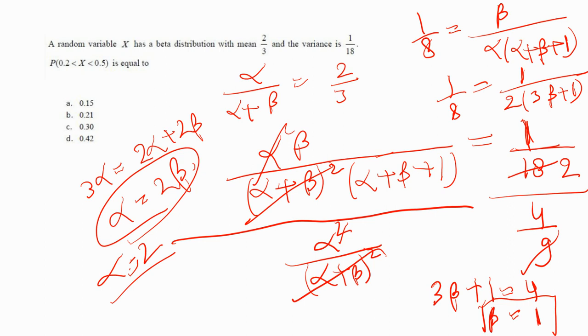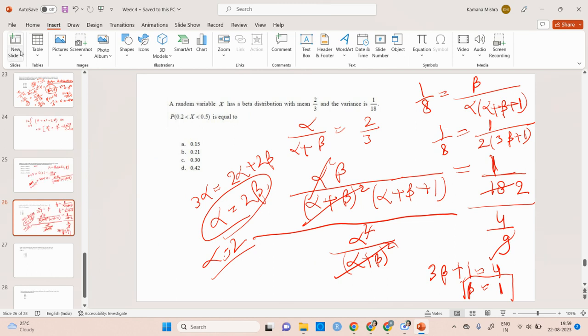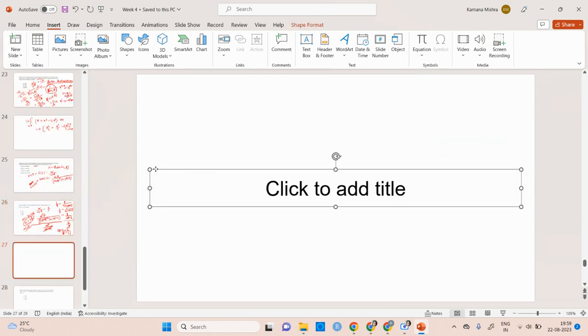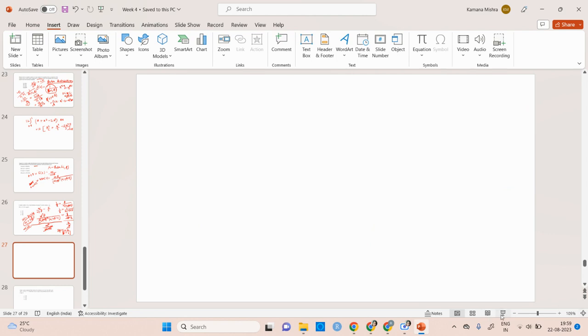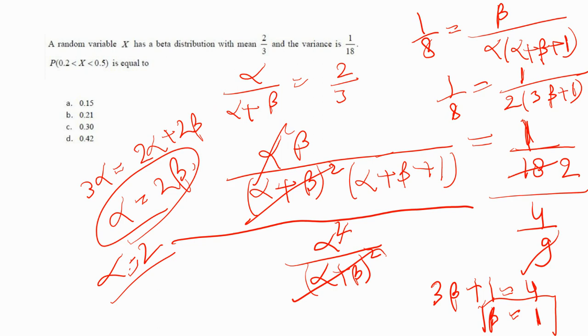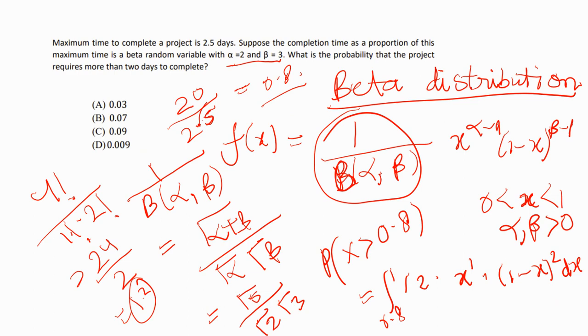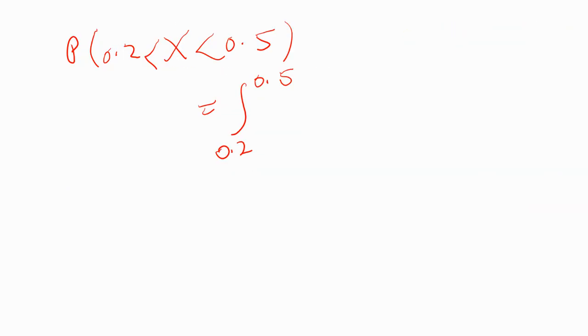Now we want to find the probability that x is between 0.2 and 0.5. So it will be the integral from 0.2 to 0.5 of 1 upon beta, which will be gamma alpha plus beta divided by gamma alpha gamma beta.